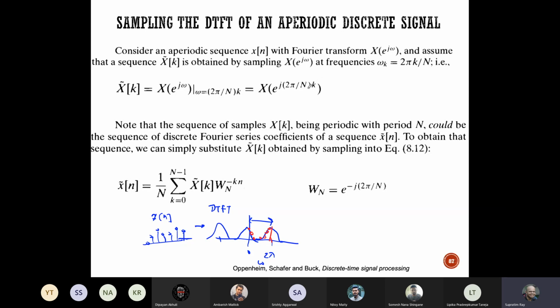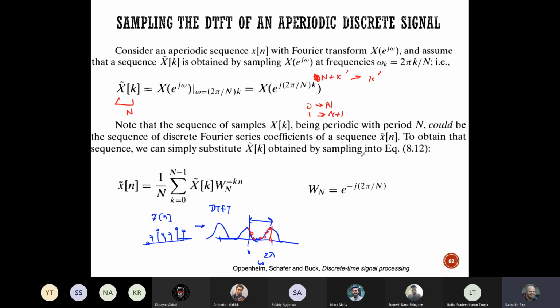But if k goes beyond that, to n plus k prime, then it will just be the same as k prime, right? So this thing is periodic with a period of n. The 0 and the nth sample are the same, the 1 and the n plus 1 sample are the same, and so on.